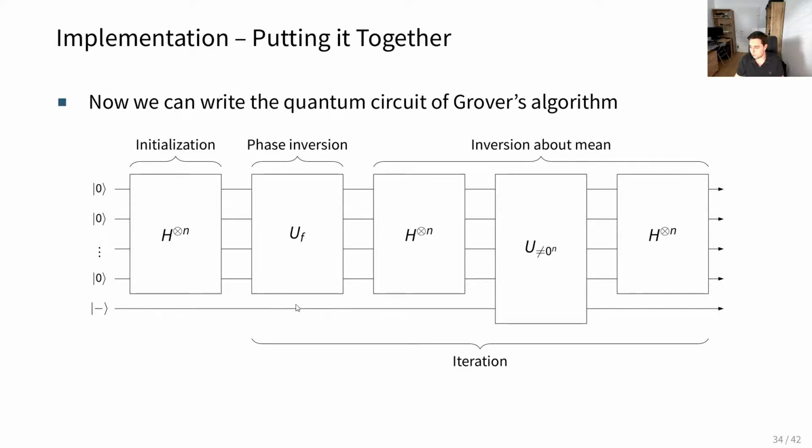I've ignored the control bits here for simplicity, but we can think about this covering all 5 lines. It doesn't really change much. So we have this phase inversion, and then we have the inversion about the mean. And this is one iteration of Grover's algorithm, and we need approximately square root capital N such iterations in order to get the correct answer with a high probability. So that's basically it.